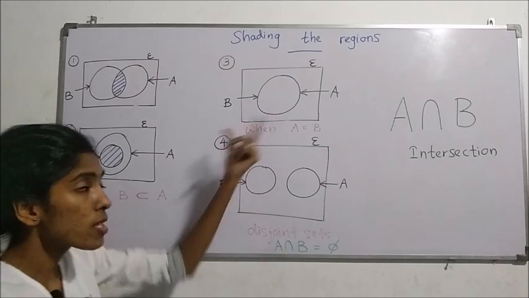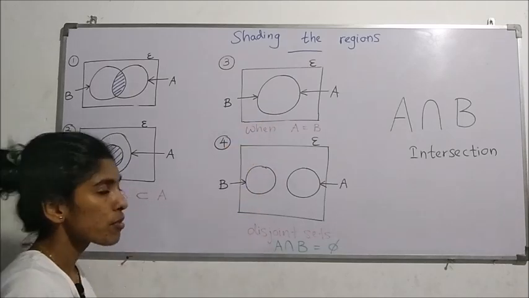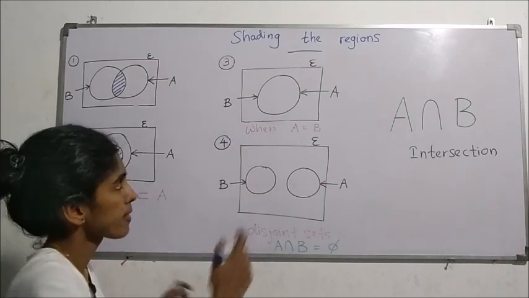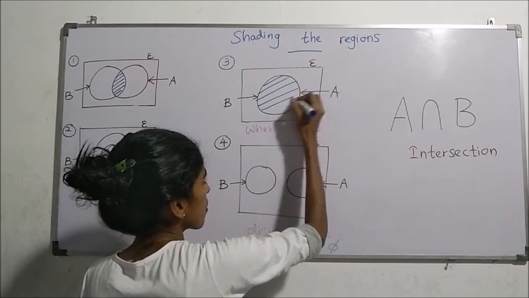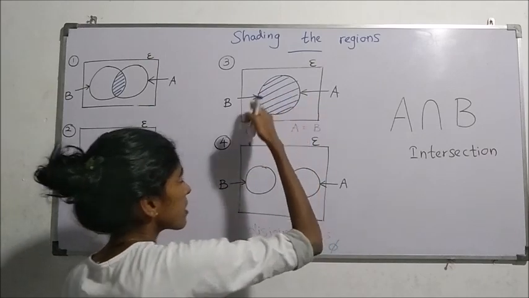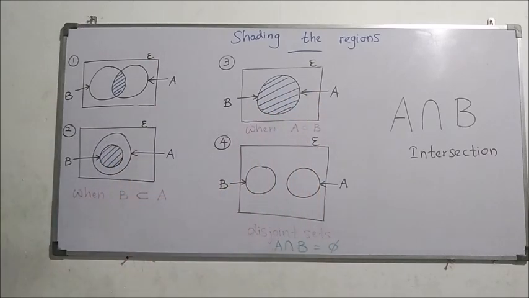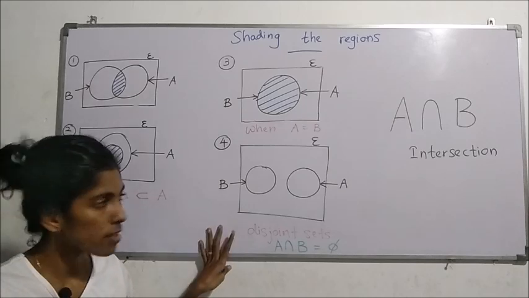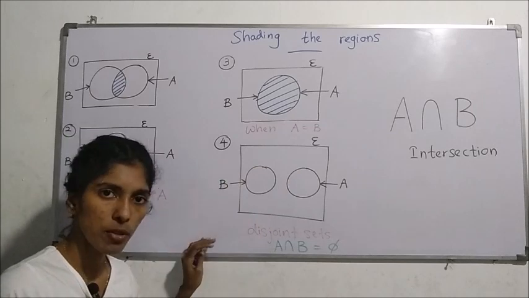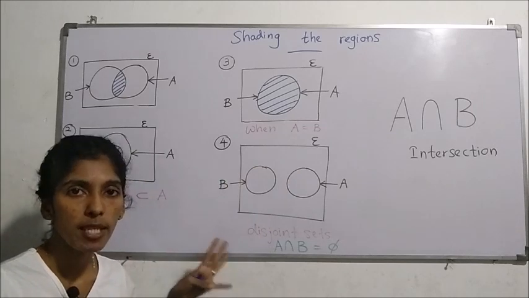Next, when both the sets are equal, the common region is what? The whole set. This is the common region. All the elements in set B are in set A also. Okay, next one. This is a disjoint set. Are there any common elements here? Actually they are separated, no? That means there are no common elements.